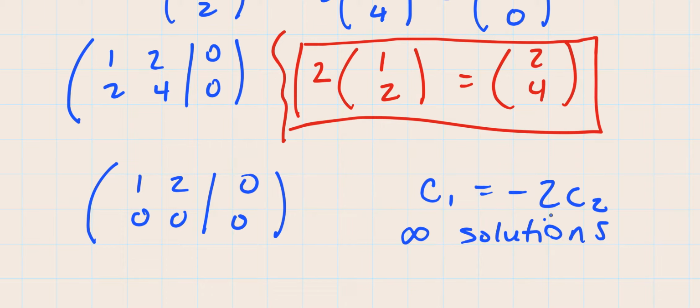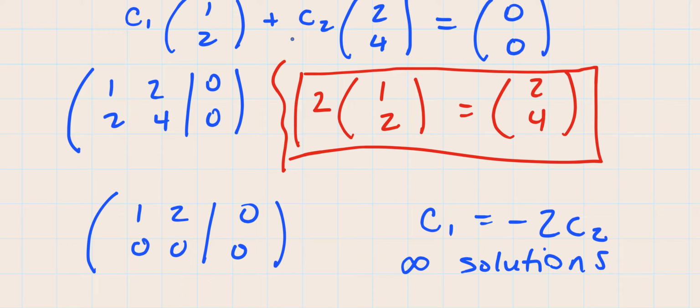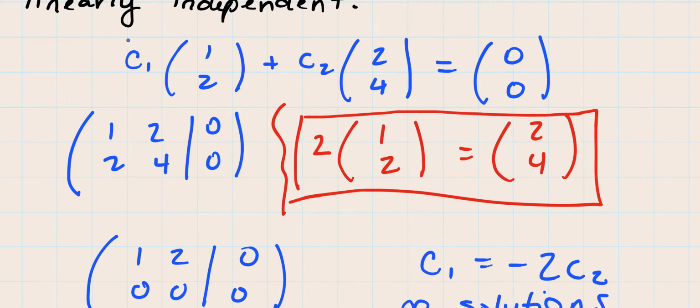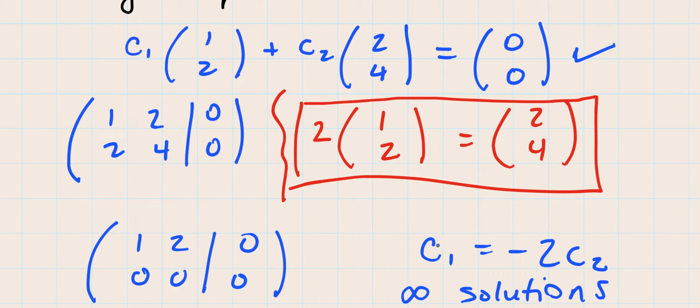So not just the 0 vector works. Now the 0 vector is one of the solutions. So if we put 0 in for C1 and 0 in for C2, we do get this, 0, 0. But now we're also saying that we can put things that are non-zero in for C2, and that will determine something that's non-zero for C1, and that also gives us the 0 vector.